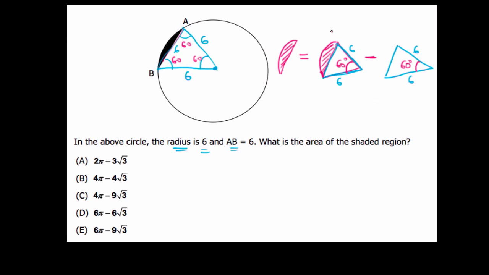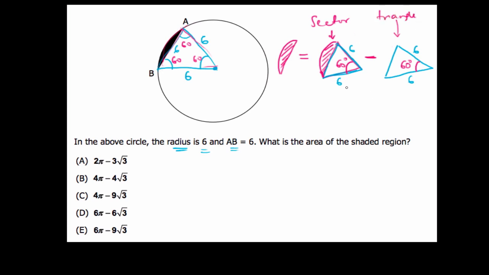Now what you'd observe here is, this is called a sector. This is a sector of the circle. So this is a sector, while this is a triangle.